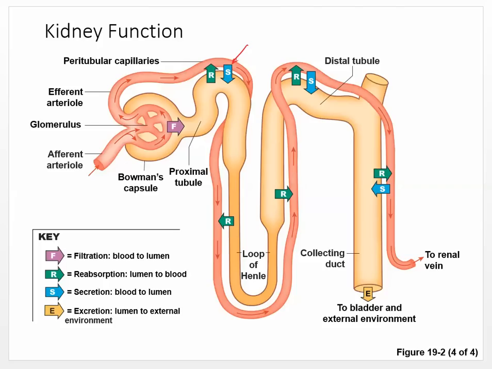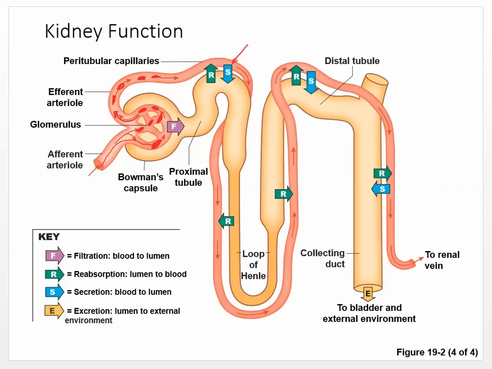Okay, so filtration is just this process by which the blood sort of flows through here, and then large things like blood cells, if you can imagine these as being blood cells that are flowing through there, those will just keep going. Okay, so you don't want to get rid of blood cells. You don't want red blood cells or white blood cells in your urine. You want those to keep going.